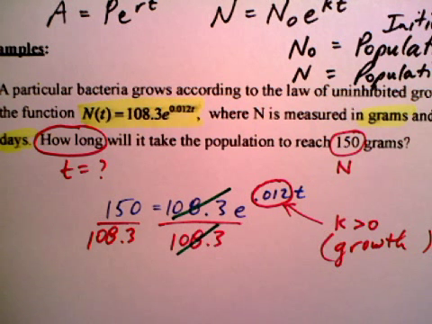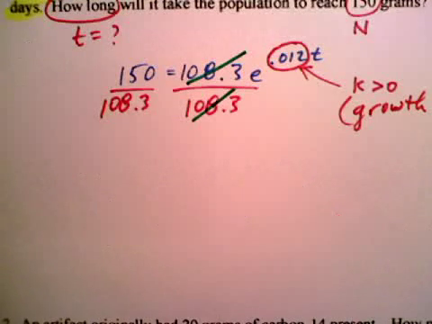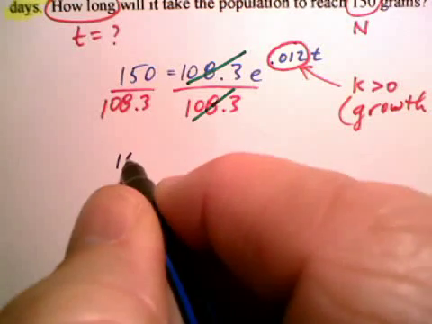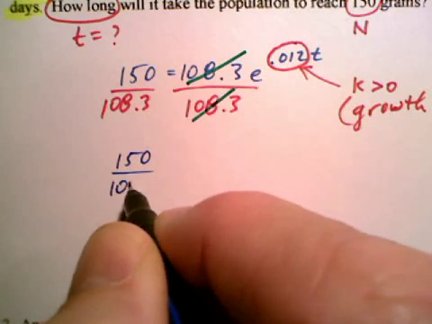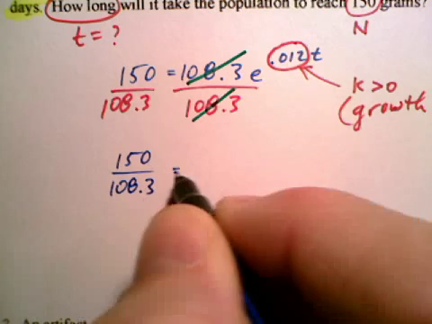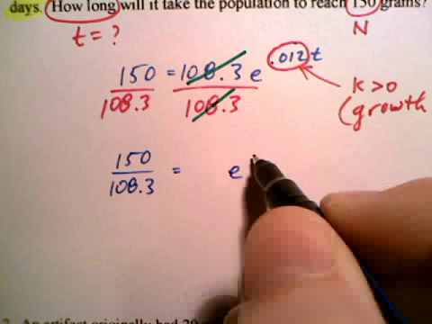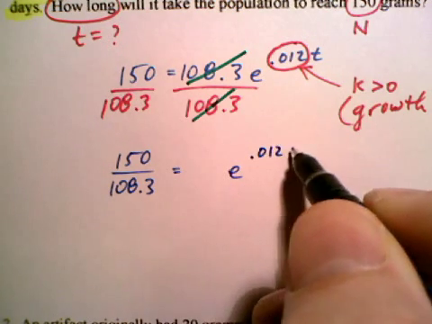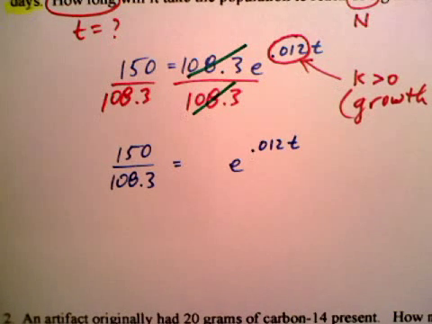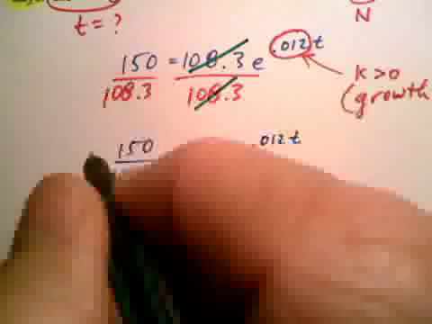And before we use a calculator, let's go ahead and take the natural log of both sides. And you know what? I'm going to go ahead and write one more step. 150 over 108.3 equals, so I can have some room over there, e to the 0.012 times t. So let's be just really careful about where we put our numbers and what we put where.